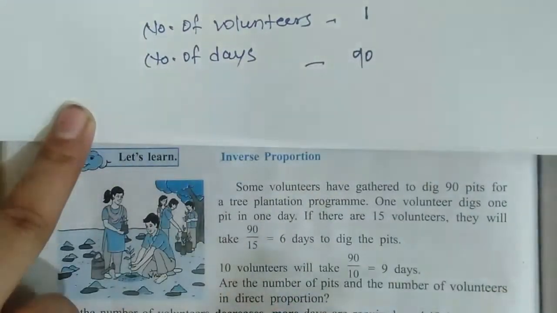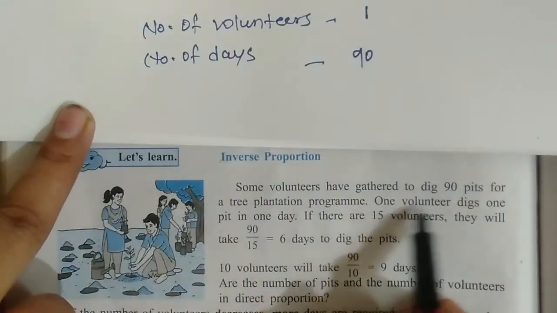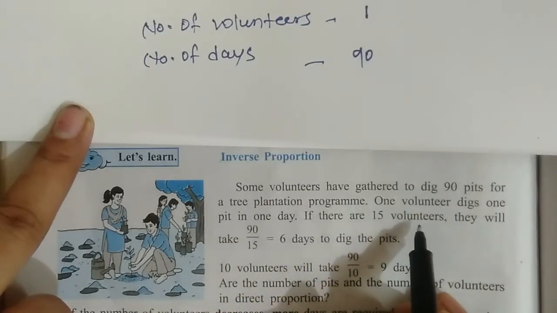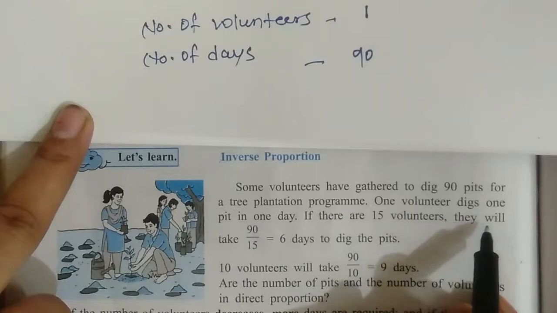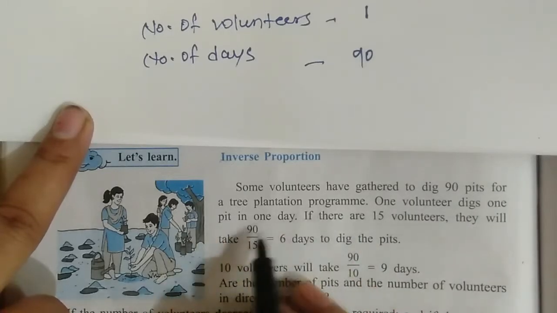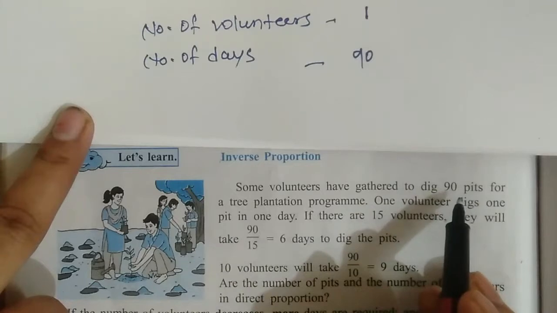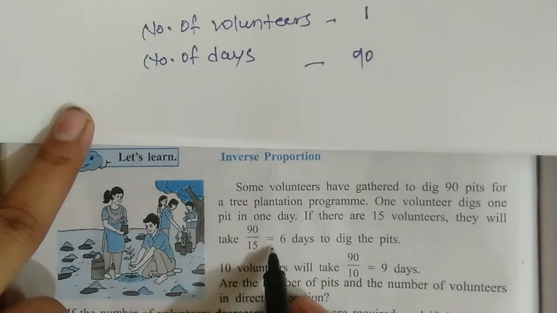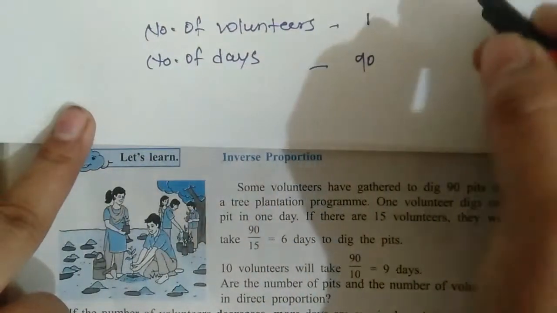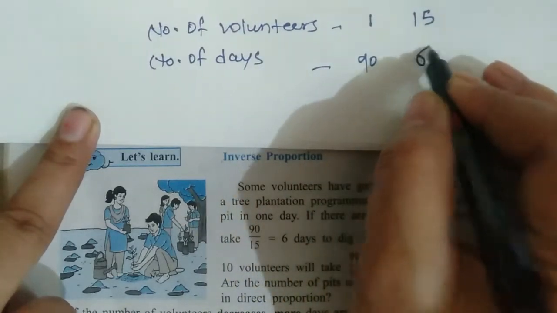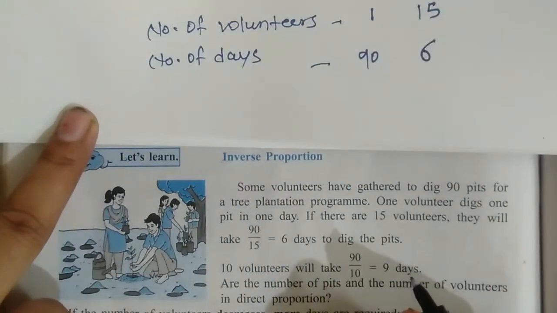90 days. Correct? Now see, if there are 15 volunteers, they will take 90 divided by 15 because there are a total of 90 pits. So 90 divided by 15 is 6, which means 15 volunteers require 6 days to dig the 90 pits.